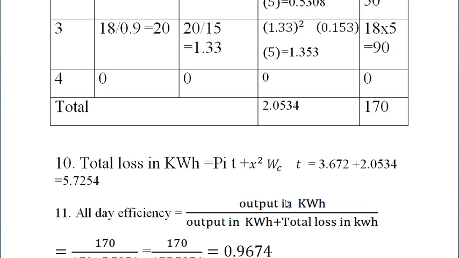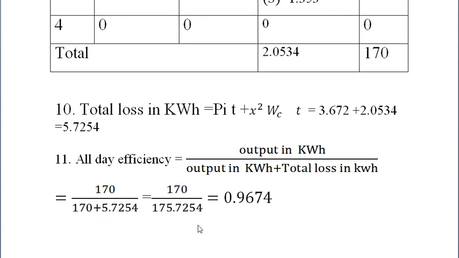So when you substitute all this, output in kilowatt hours 170 divided by output plus losses, those losses we have already calculated, we get the all day efficiency as 0.9674, that is 96.74 percent.